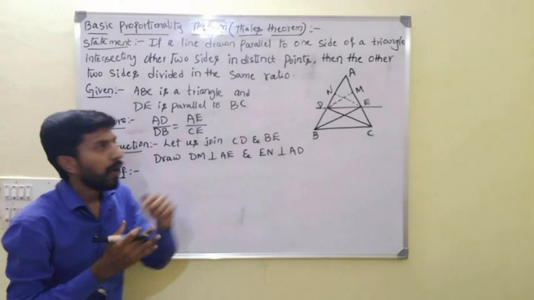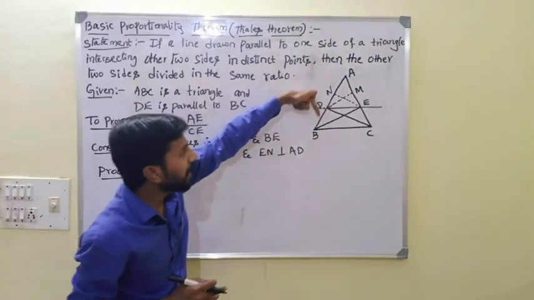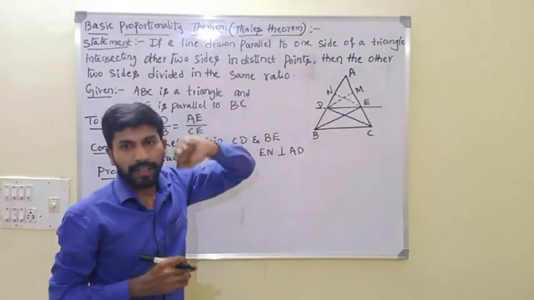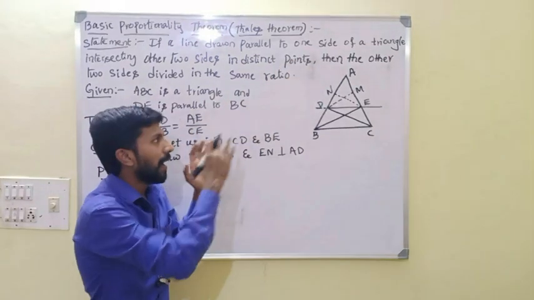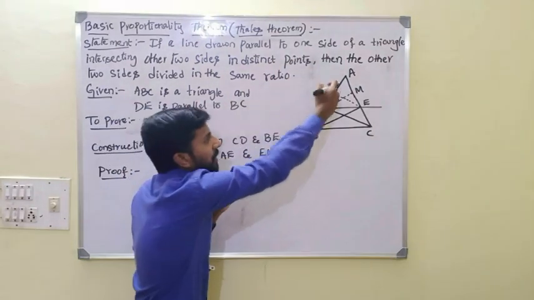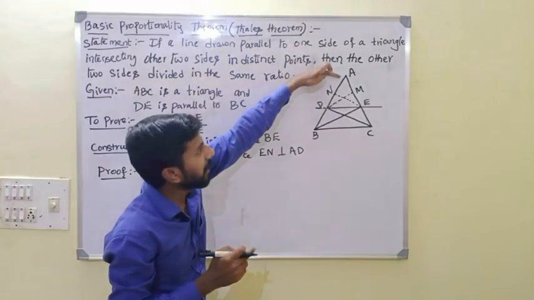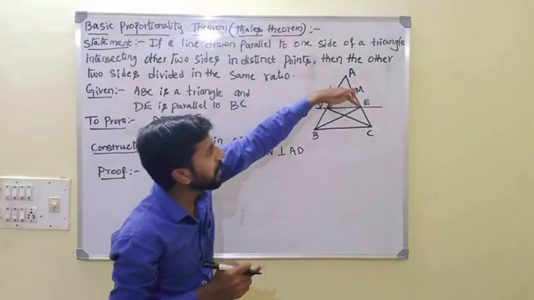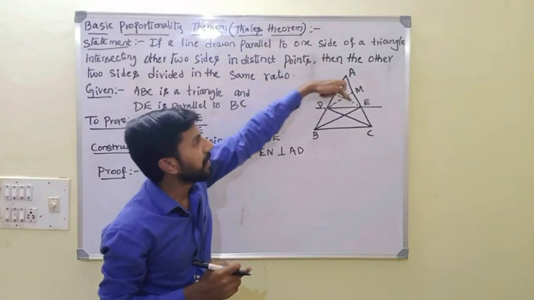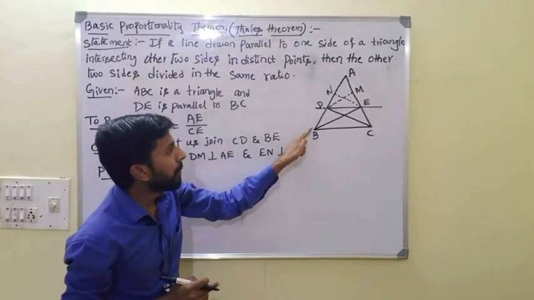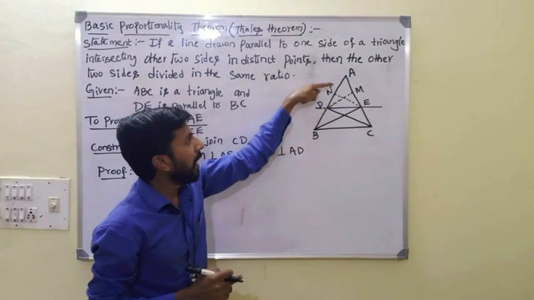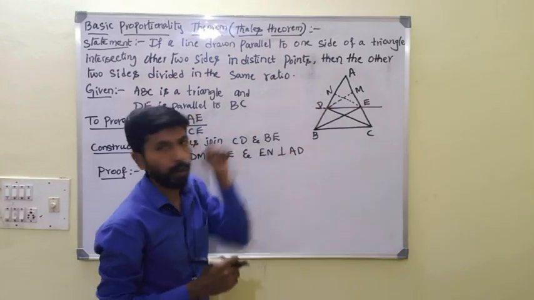Now I'll take the base AB, and I'll divide the areas of the triangles. If I take triangle ADE and triangle BDE, I'll divide the areas of these two triangles.